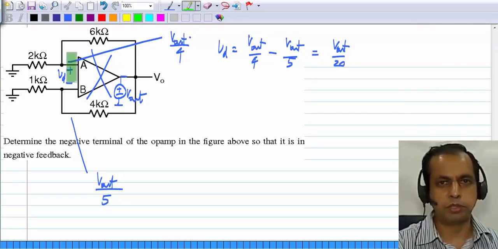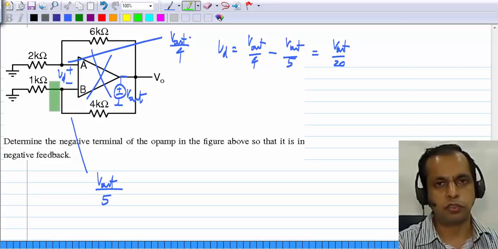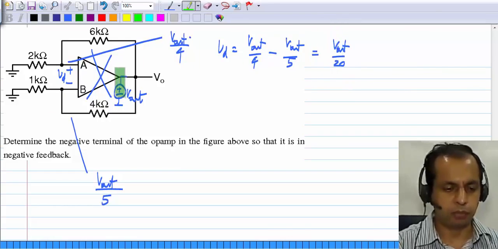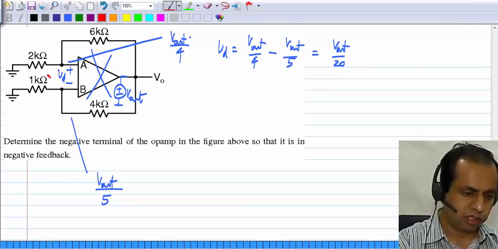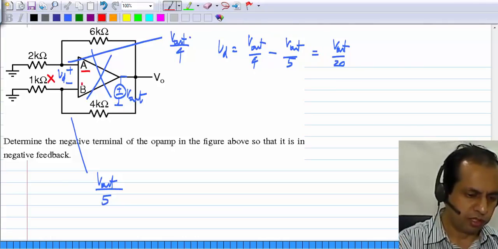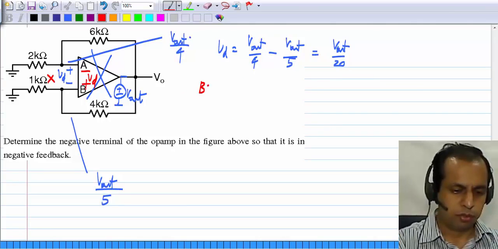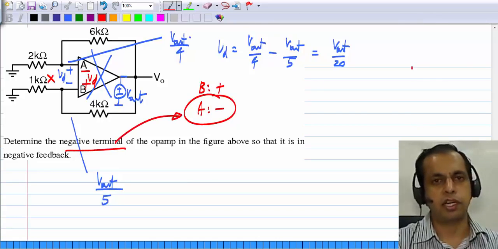So if the op-amp signs were A positive and B negative, then we see that the input voltage of the op-amp is a positive ratio 1 by 20 times the output of the op-amp. So this means positive feedback. So these are not the signs. It should really have been that way. So B is the positive terminal and A is the negative terminal. You are asked for the negative terminal of the op-amp, so the answer is A.